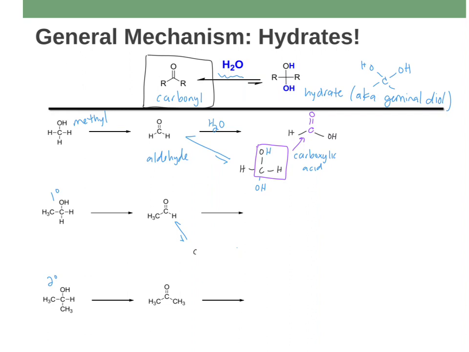Now I've got my CH3, attached to a carbon, attached to an H, attached to an O. If I form a little bit of hydrate, the question is, can I do an oxidation on this? Do I have a carbon with an OH and an H? And with this one, yep, sure enough, I do. I'm going to turn that stuff into a carbonyl and then add the remaining pieces. So in this case, a CH3 and an OH, and again, I form a carboxylic acid.